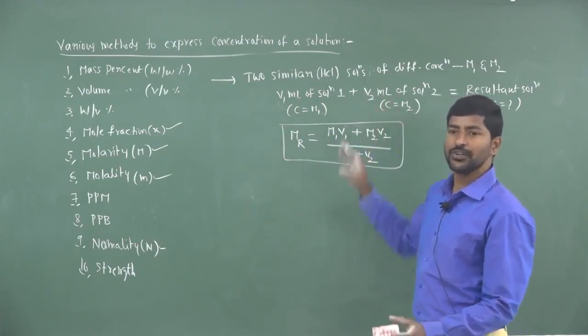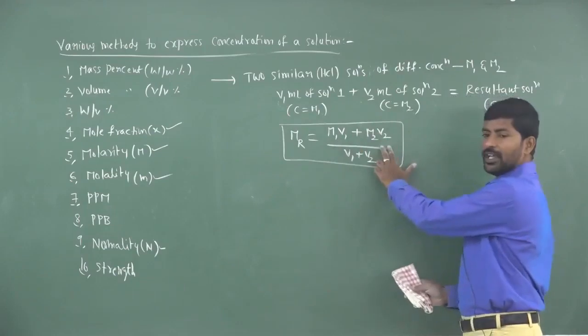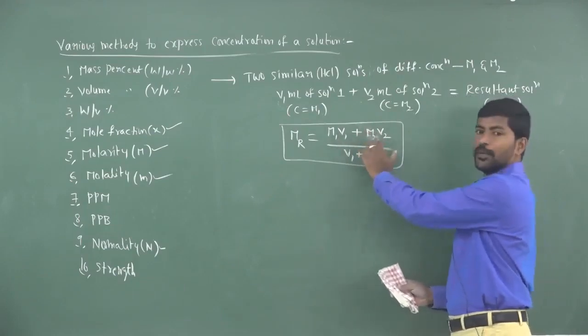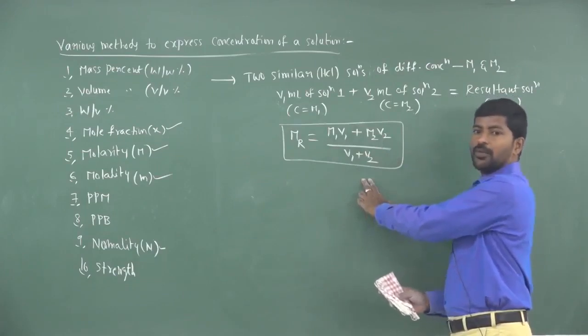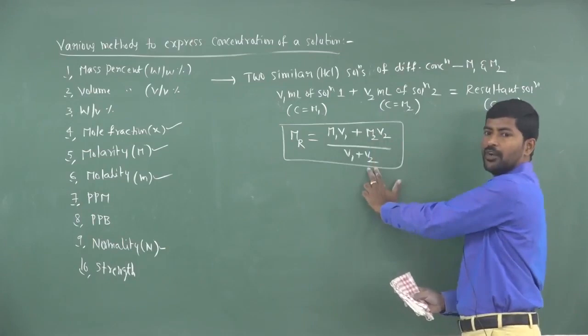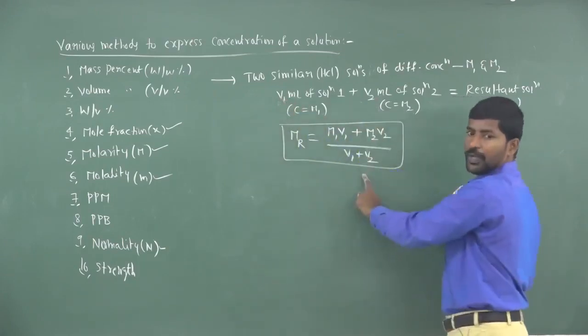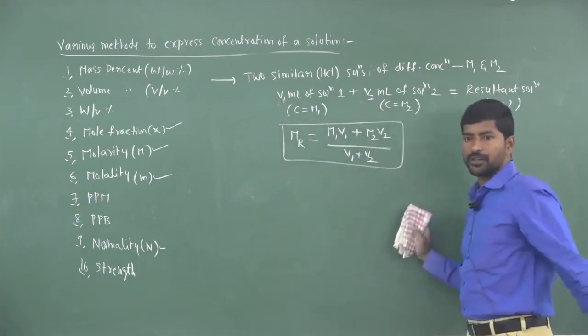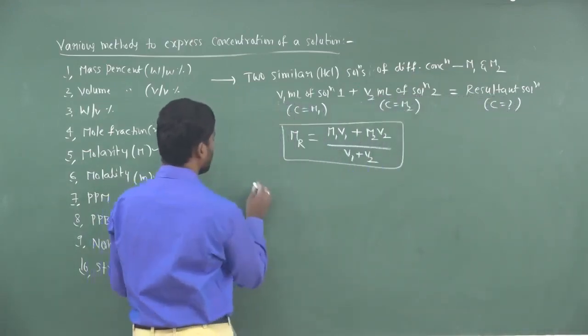In the resultant solution, the total number of millimoles of HCl present is M1 V1 plus M2 V2, the number of millimoles of solute. Molarity is the number of millimoles by volume in ml. The total volume of solution is V1 plus V2 ml. So like this we can calculate it.